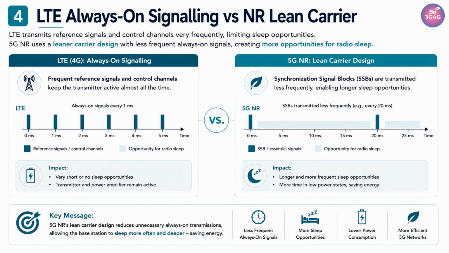They give the radio, baseband, and other components more opportunities to enter microsleep or other lower power states. So the lean carrier design is not just a theoretical improvement, it creates practical time domain opportunities for energy saving. LTE had frequent always-on signaling. NR reduces unnecessary always-on transmissions and allows the base station to sleep more often and potentially more deeply.